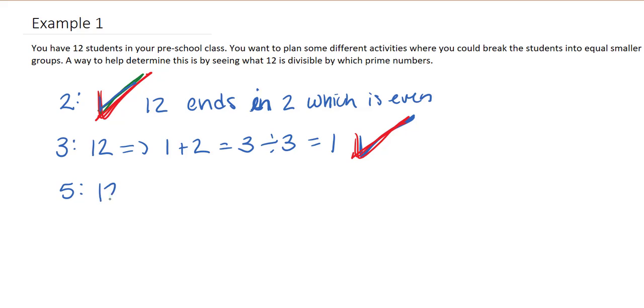Now 5. 12 does not end in a 0 or 5, so we would say no. Now for 7, 11, and so on.